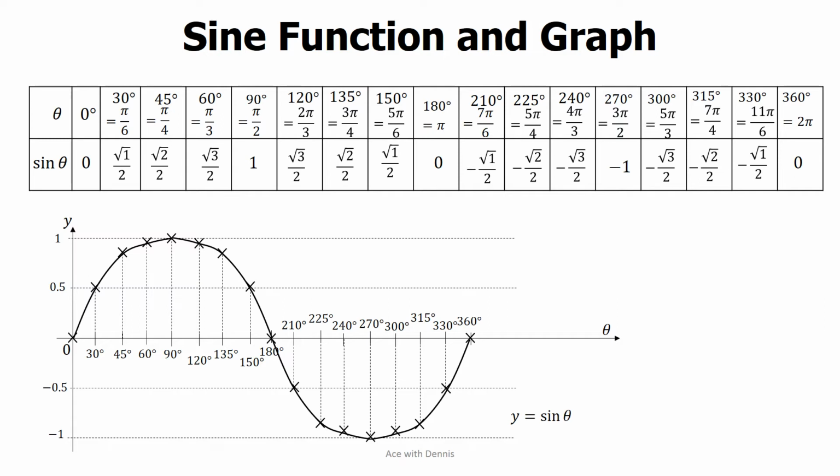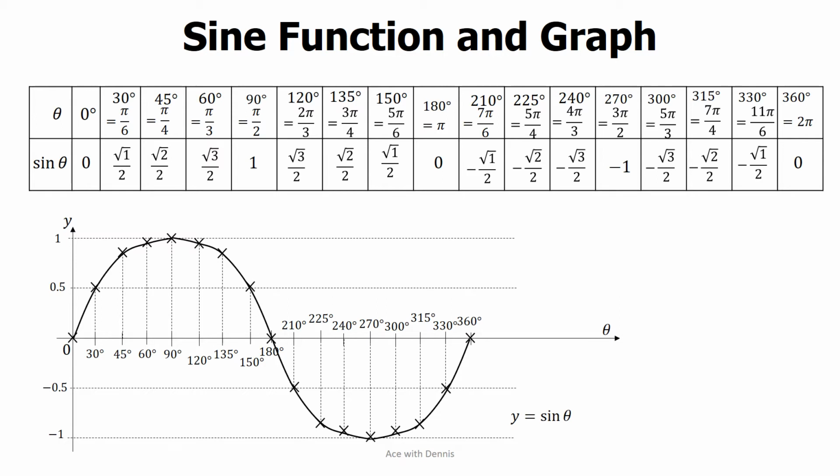Okay, now move on to the fourth quadrant, which is 300 degrees equals 5 pi over 3. Sine 300 degrees is negative √3 over 2. So this will be the point. Then 315 degrees, which equals 7 pi over 4, sine 315 degrees is negative √2 over 2. So this will be the point.